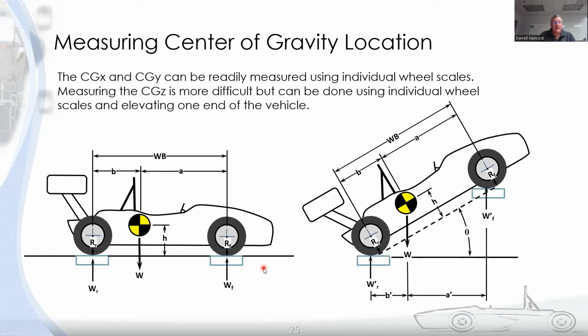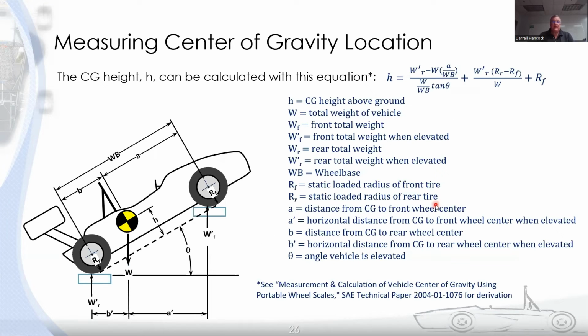Then to calculate or to measure the center of gravity height, the typical way is to use your same scales and raise one end of the car higher than the other and look at the weights on the scales again. So by knowing the angle you raise the car to and the new scale readings for the front and rear, you can then calculate the height of the center of gravity here from those measurements.